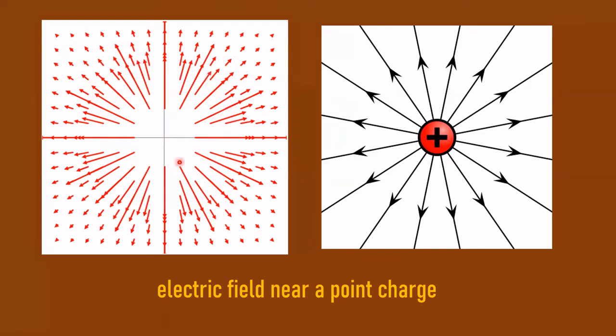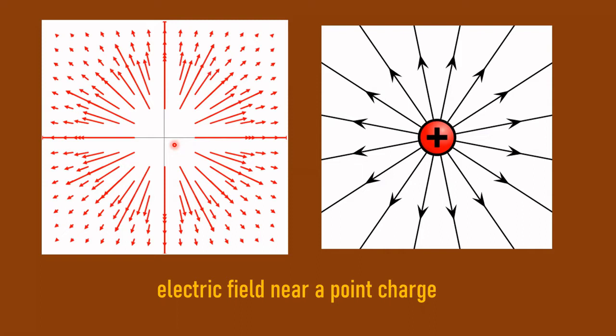These arrows, these vectors, tell you the effect that would be had on a second charge placed anywhere in the neighborhood of that first charge. And those arrows are the electric field. That's what the electric field is. That's one way of thinking about it. It shows you the influence on a second charge due to the presence of that first charge.